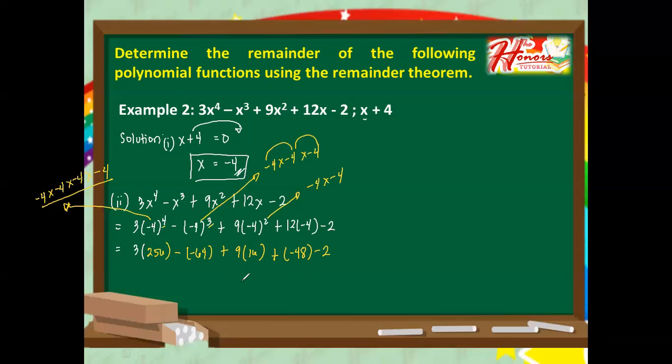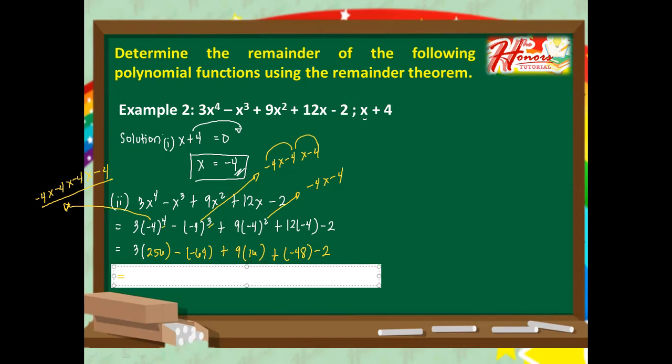Okay, let's continue solving here. I'll just use text here to continue writing the solution. So let's multiply 3 and 256, that is equal to 768.